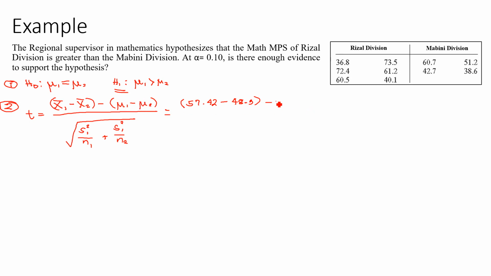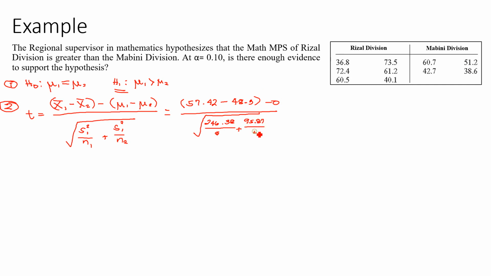Okay, all over the square root of the first group variance, 246.38, all over the number of samples in the Rizal division, which is 6, plus the second group variance, 95.87, over 4.